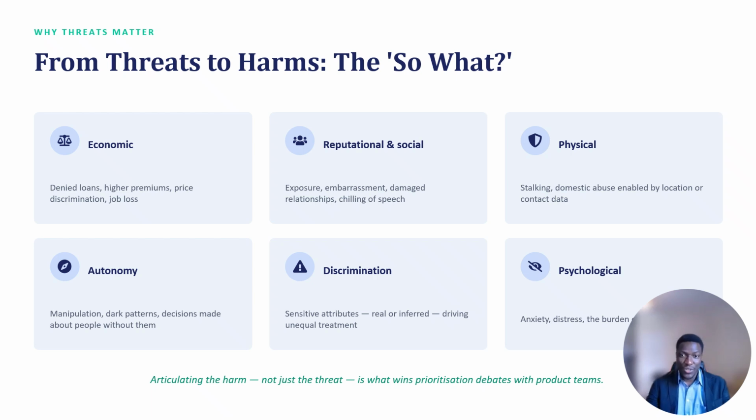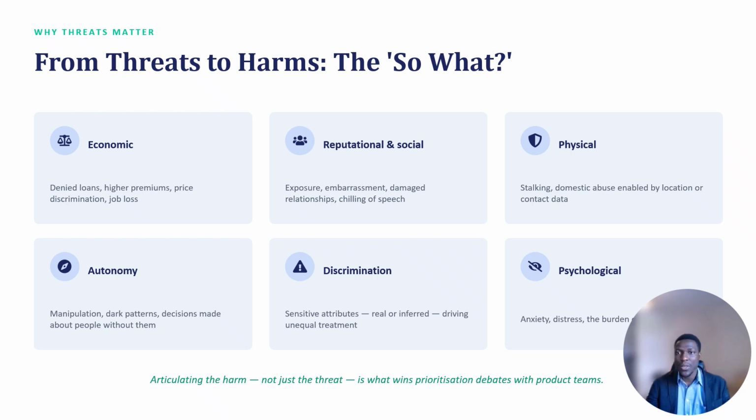Next, you have reputational and social harms. This could be, for example, exposure, embarrassment, chilled speech, and the rest. Then you have physical harms, which could be things like location and contact data exposed online that then enables stalking or domestic violence.